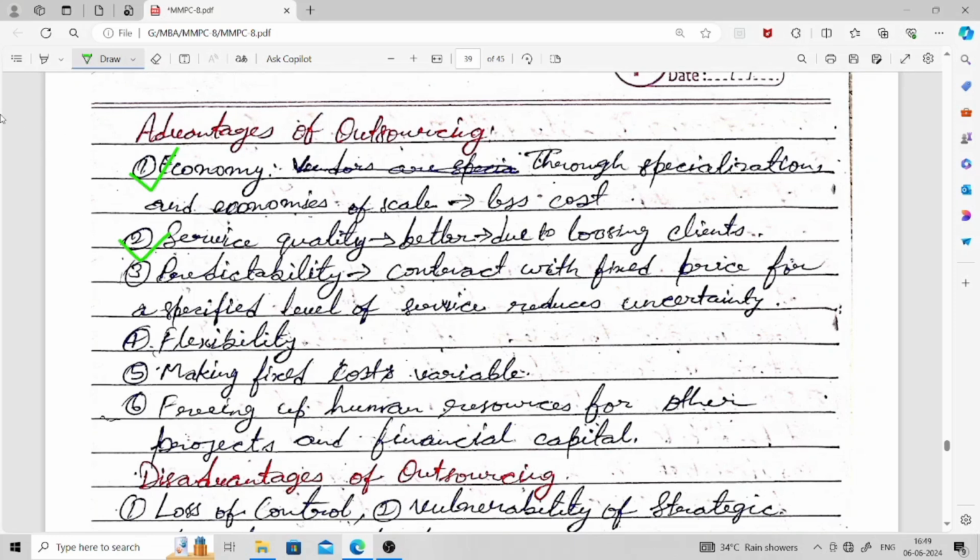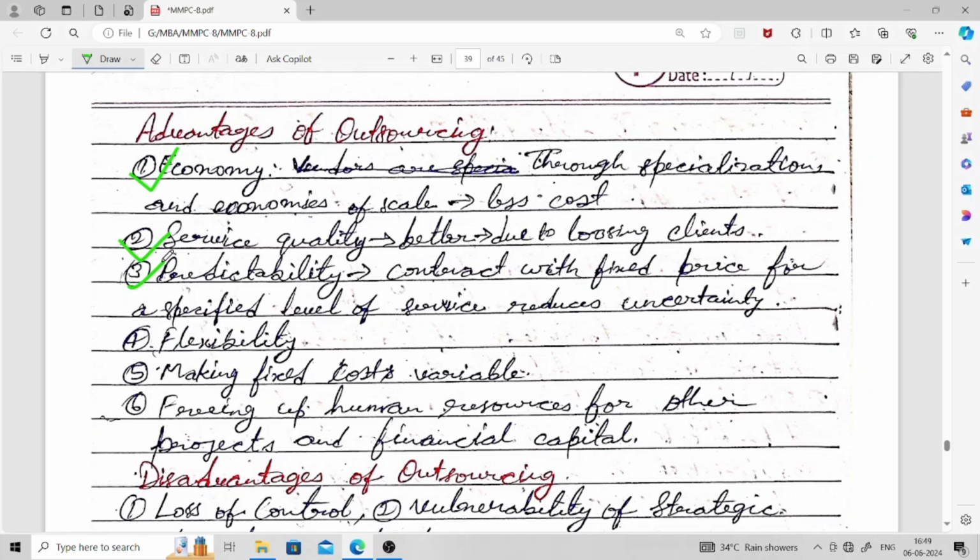Third given here, predictability. Contract with fixed price for a specified level of service reduces uncertainty. Here, the organization that needs information system can use a contract with another service provider who provides information system services at a fixed price, which reduces uncertainty.